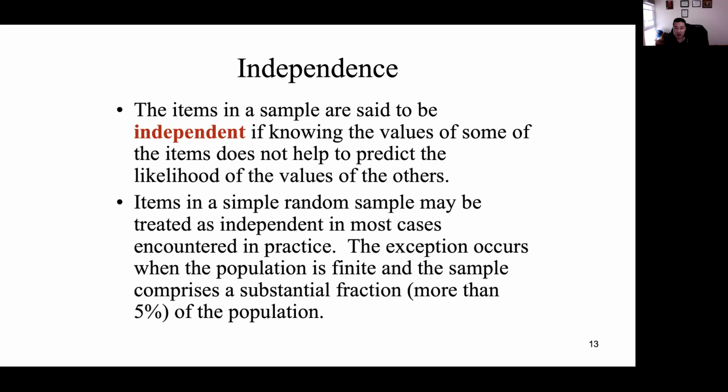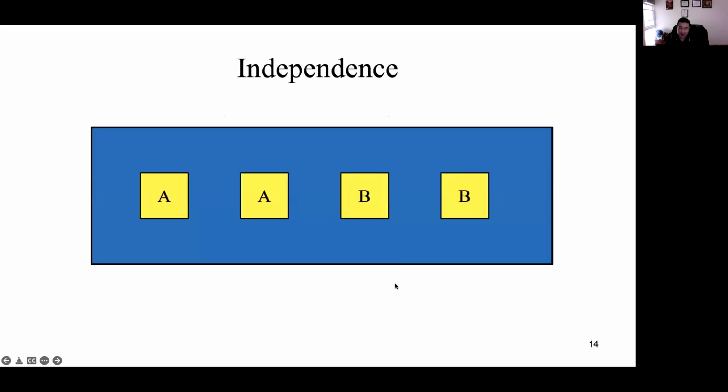The exception occurs when the population is finite and the sample comprises more than 5% of the population, which means if the sample size is large enough, more than 5% of the whole population, then different samples cannot be called independent of each other. So why does the sample size matter? Let's look at this.